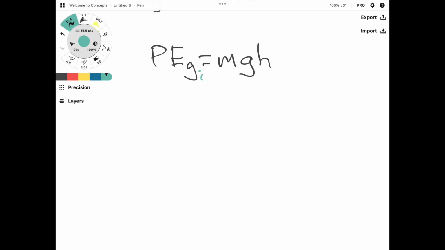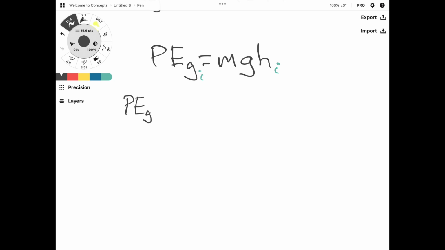And because we're talking about this as my initial, I'm going to just put a little i subscript. And so my mass doesn't change, g doesn't change, but my height initial changes, so it's important that I denote that this is my initial height that I start with.